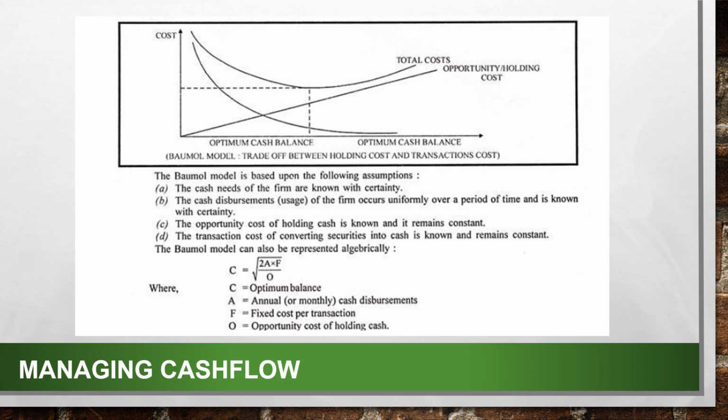Okay, so the Baumol model is actually just an adaptation of the EOQ in inventory. It's the economic conversion quantity, so this is the optimal cash transfer.